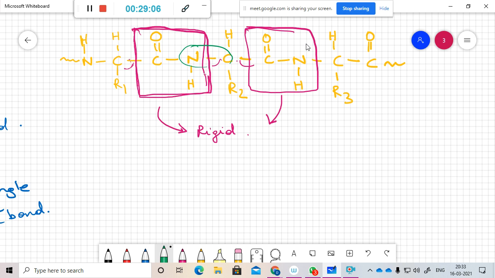This bond angle can rotate, or this bond angle can rotate. The C alpha N and C alpha C can rotate.